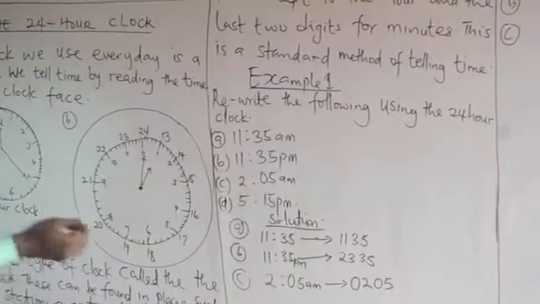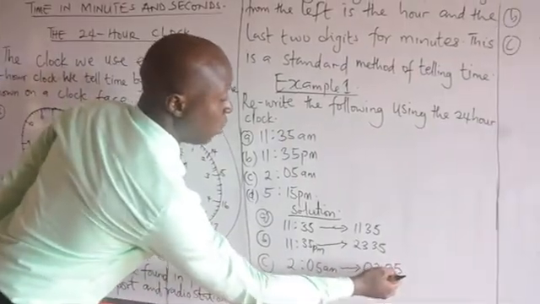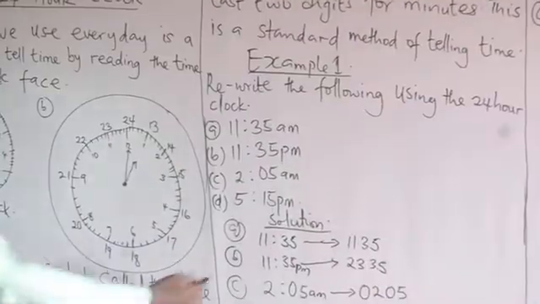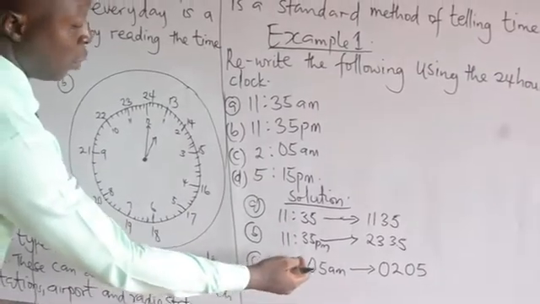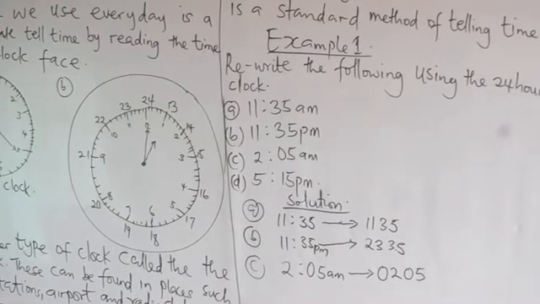02:05 represents the same thing as 5 minutes past 2 in 24-hour clock.